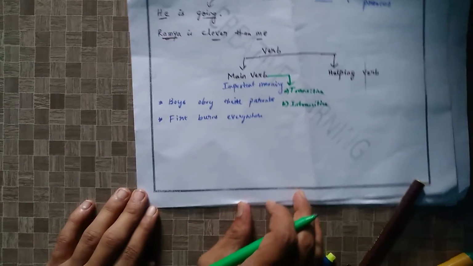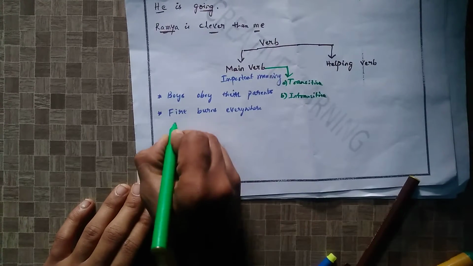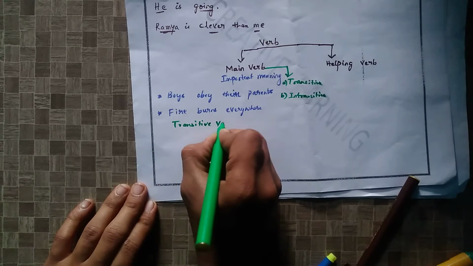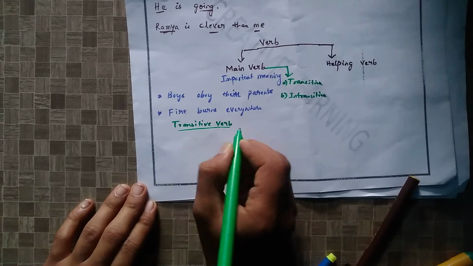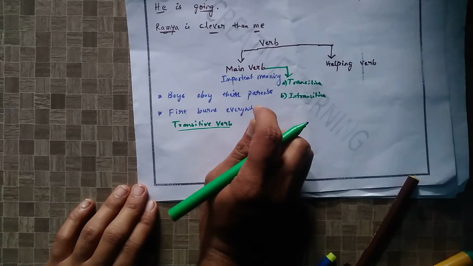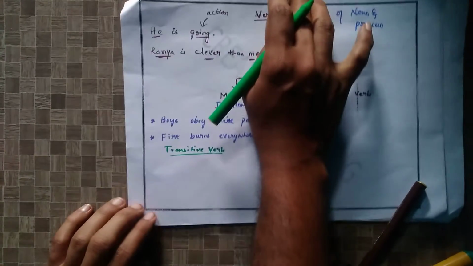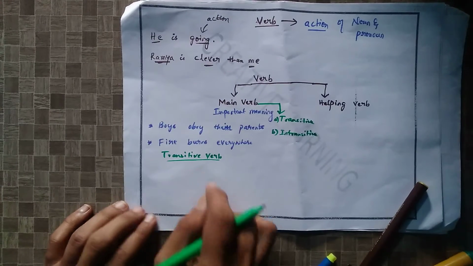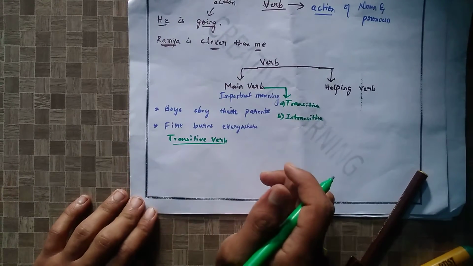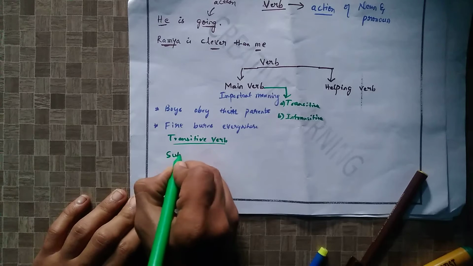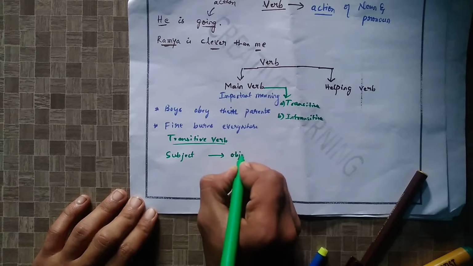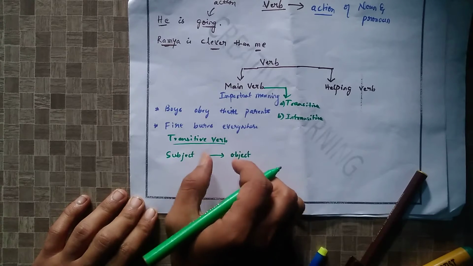Transitive verbs means, I have already shown some examples about verb: he is going, Ramya is clever. In a transitive verb, the action is between subject and object, and between them the verb carries.